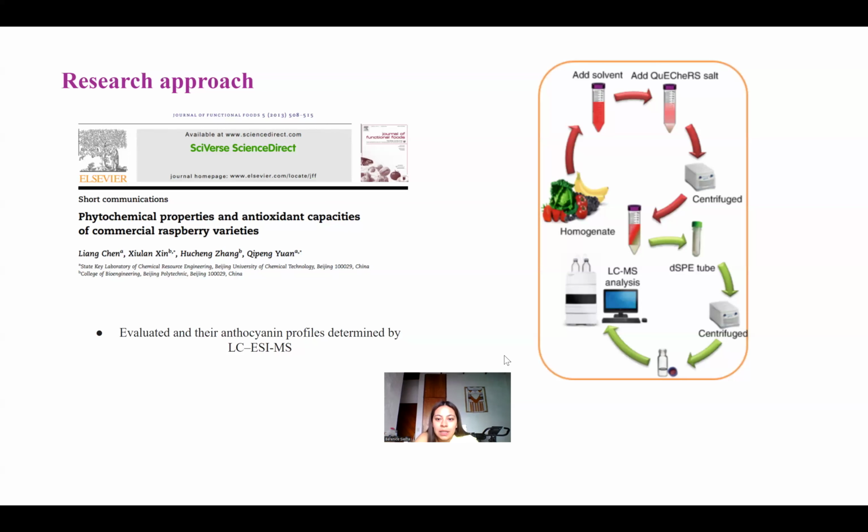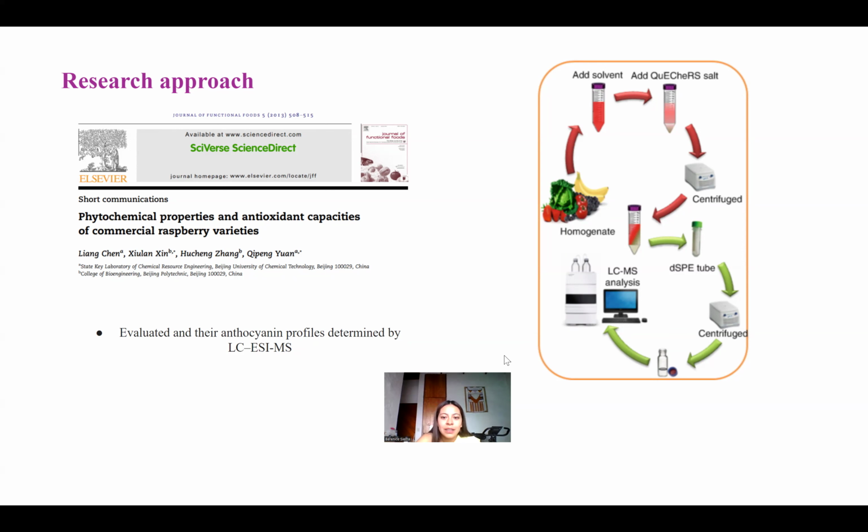Here, they evaluated the antioxidant capacities of 15 commercial raspberry varieties grown in northern China, and their anthocyanin profiles were determined by LC-ESI-MS.